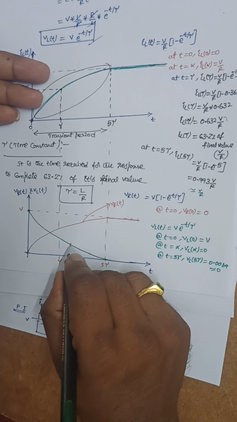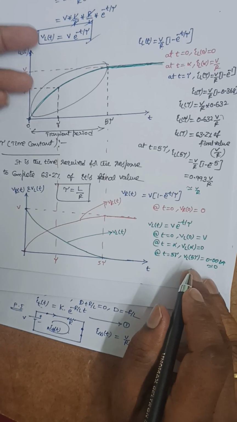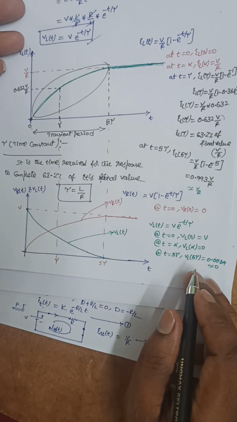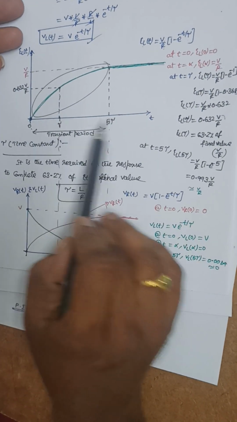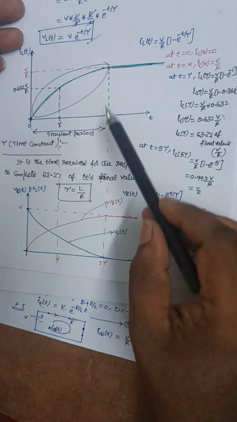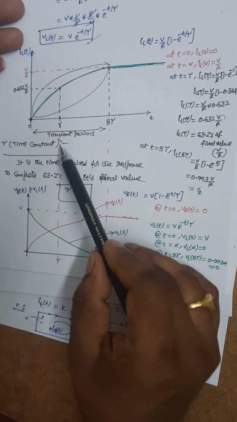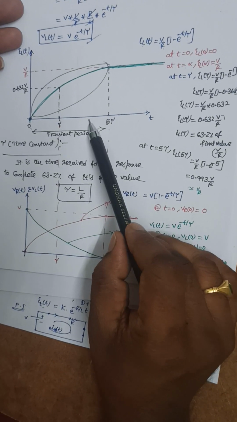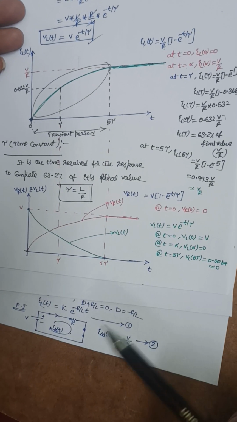So it is VL of t. So these are the things that you need to write in the examination for IL of t, and this is the expression for IL of t, VR of t, VL of t. After finding the expression for IL of t, VR of t and VL of t, draw these curves here. This is for IL of t, these curves are for VR of t and VL of t.